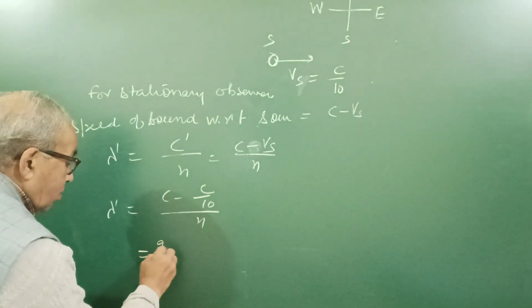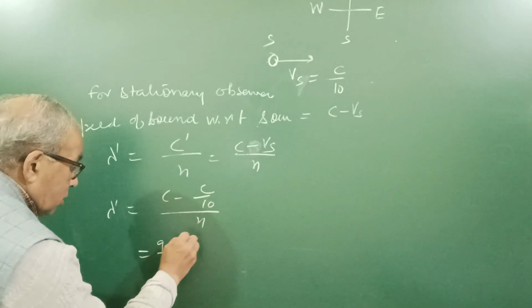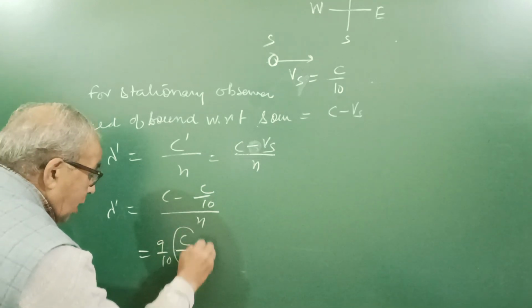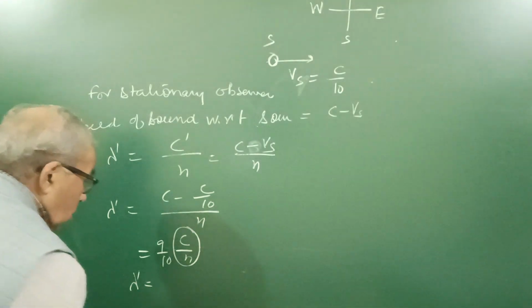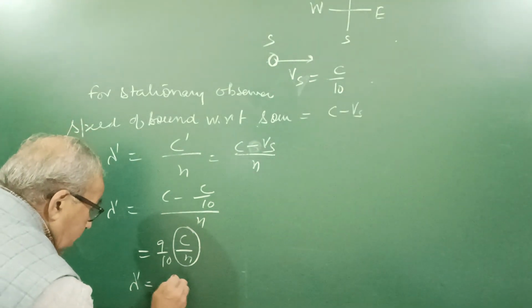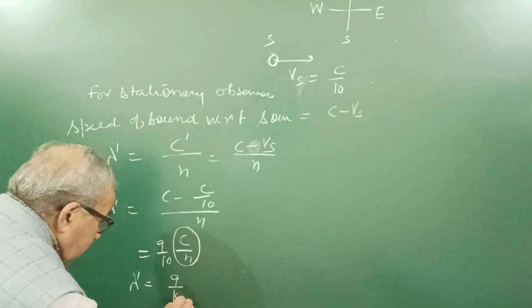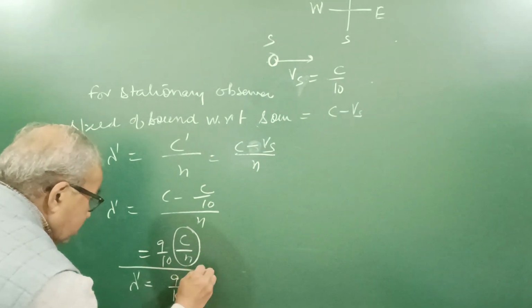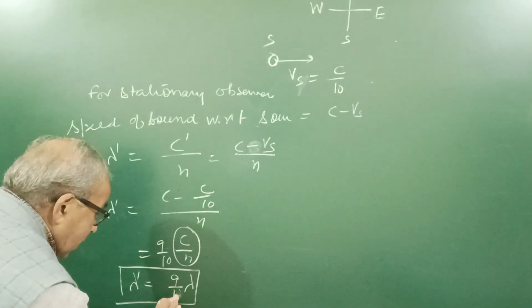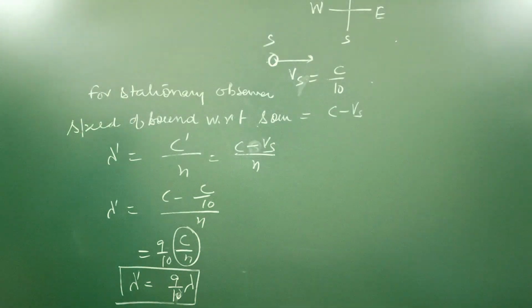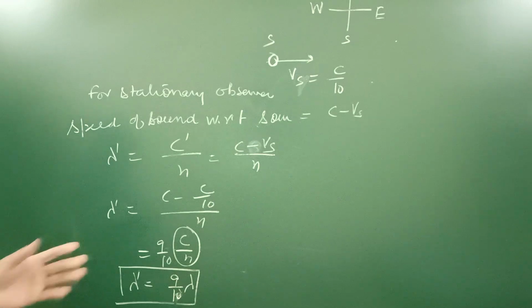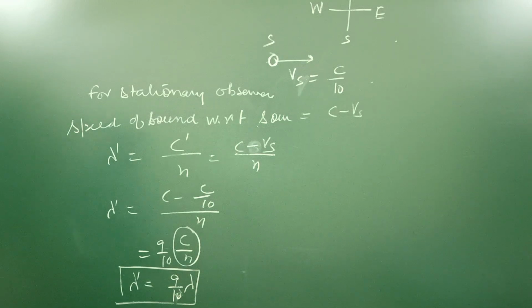So it is 9 by 10 c by n, and it is lambda. So lambda dash equal to 9 upon 10 of lambda. So the wavelength will get decreased. If this wavelength had been, suppose, 90 centimeter, तो 81 centimeter हो जाएगा, यानी कम हो जाएगा.